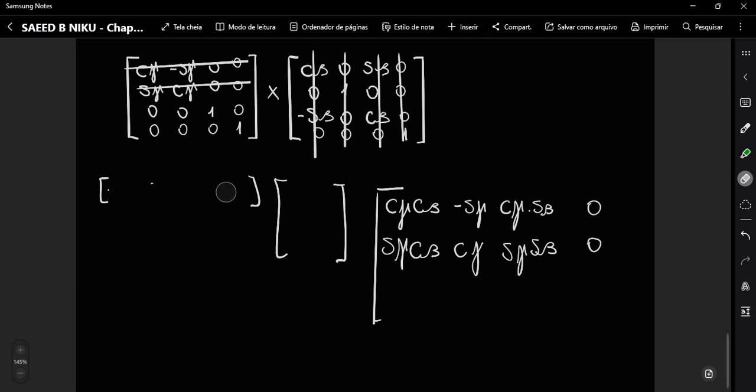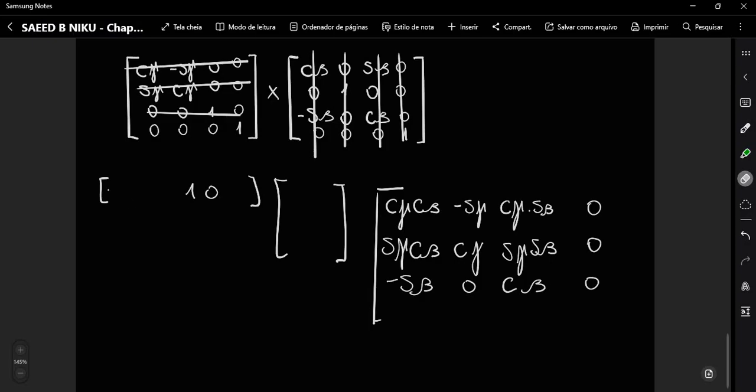Now the third line, 0, 0, 1, 0. So right here is minus sine of beta. Right here is 0, cosine of beta, and 0.